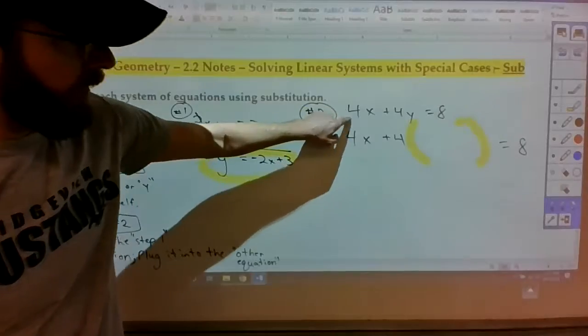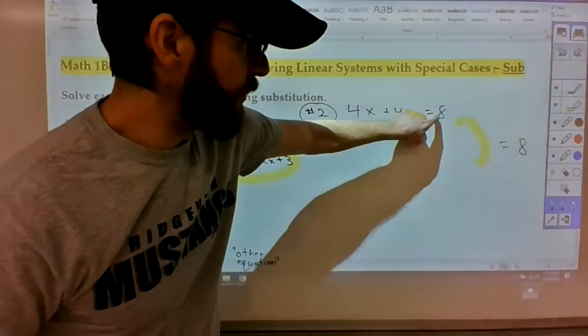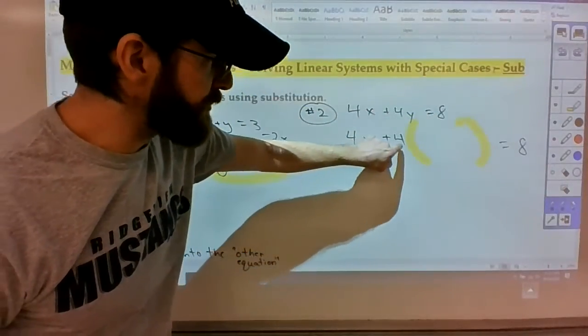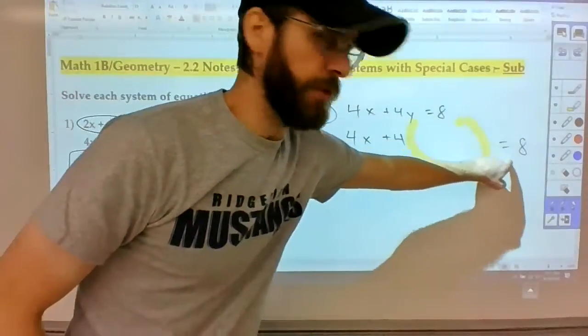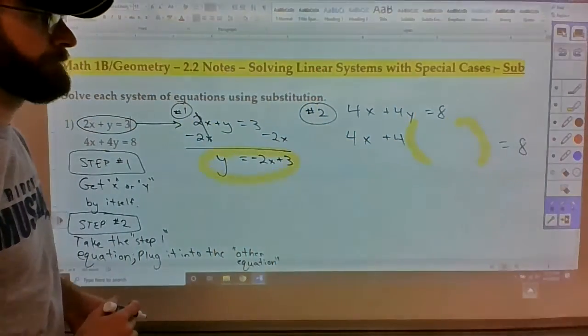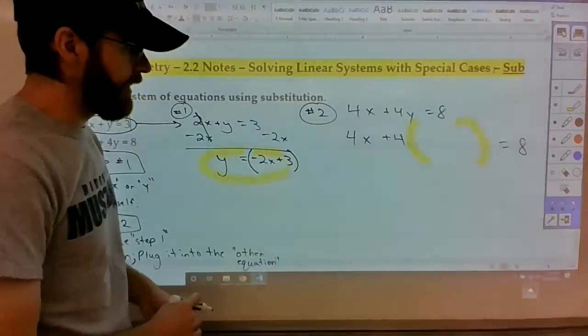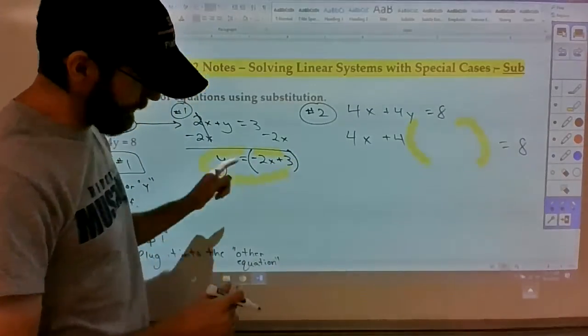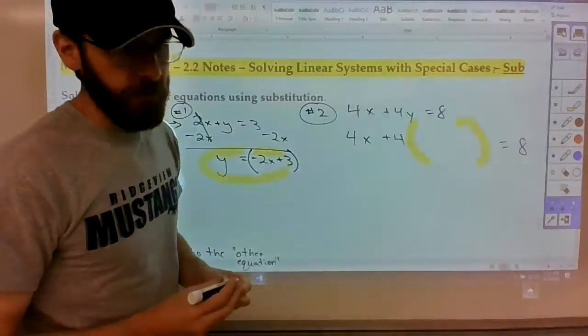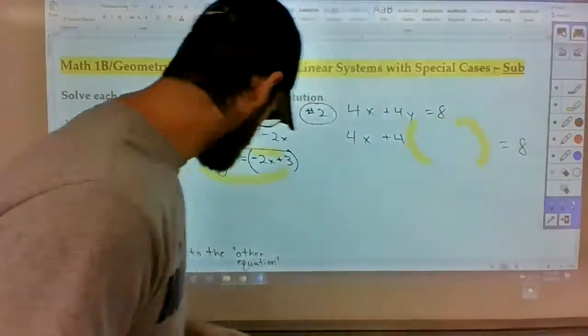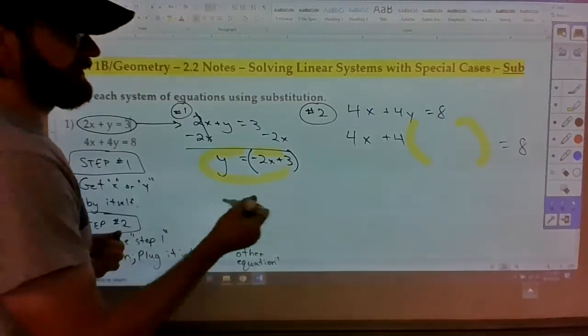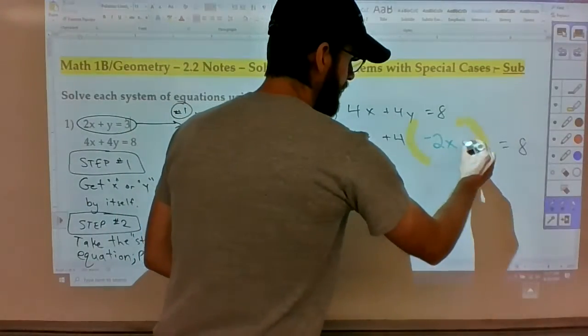See? 4x plus 4y equals 8. 4x plus 4 blank equals 8. So the blank is the negative 2x plus 3. So I'm plugging the negative 2x plus 3 right in there. Maybe I can use a different color. Do I got a green marker around here? I sure do. Negative 2x plus 3.